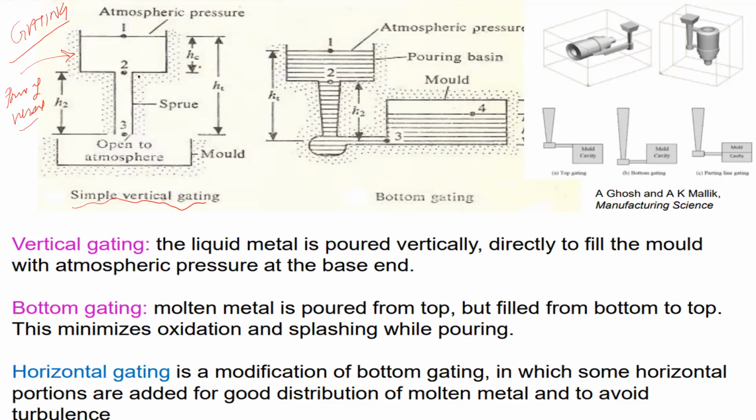This section from 2 to 3 is the sprue, and after the molten metal is poured into the sprue, it reaches the mold. So this is the mold. The height HC is the height of this pouring vessel, and H2 is the height of the sprue. So this is the vertical gating system.